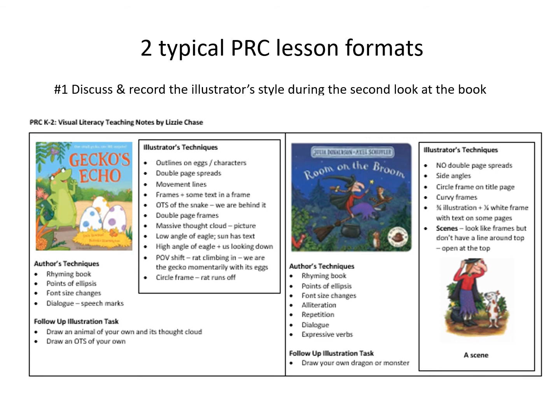So for example, here with Gecko's Echo, we can see that the illustrator loves double page spreads. There's a massive thought cloud picture. We've got a nice example of a low and high angle shot there. We've got an interesting use of a circle frame. So basically, there's a number of things there that the illustrator's done.